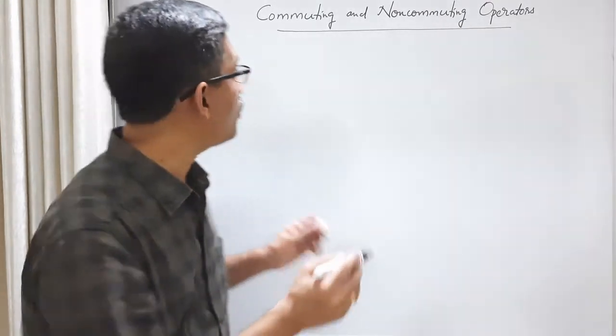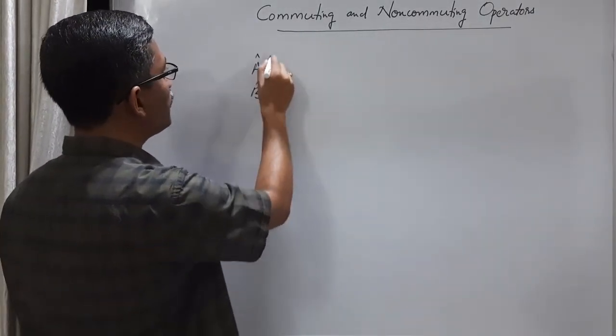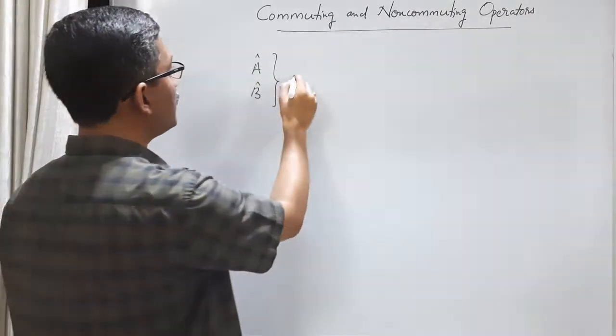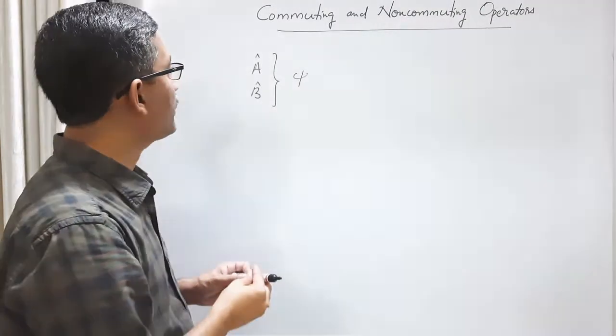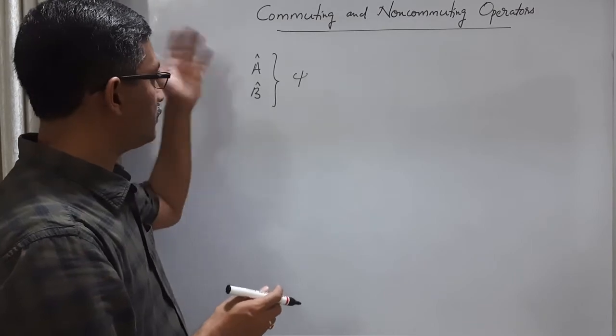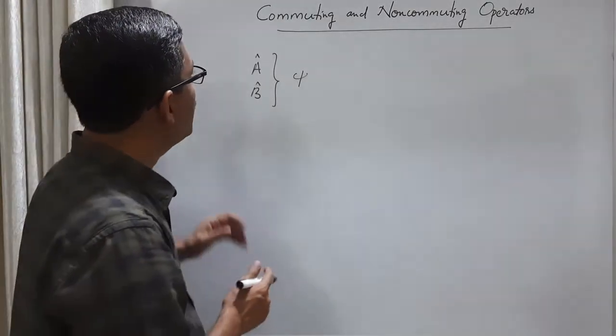Now, A and B are non-commuting operators. If psi is not an eigenstate of A and B, then they are non-commuting operators, and the physical quantities are called incompatible variables.